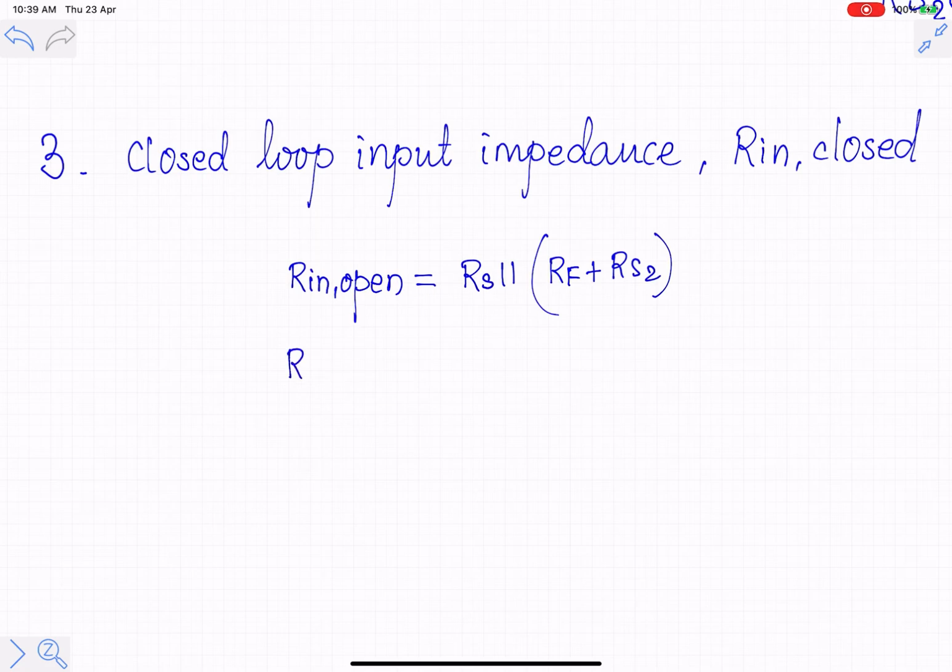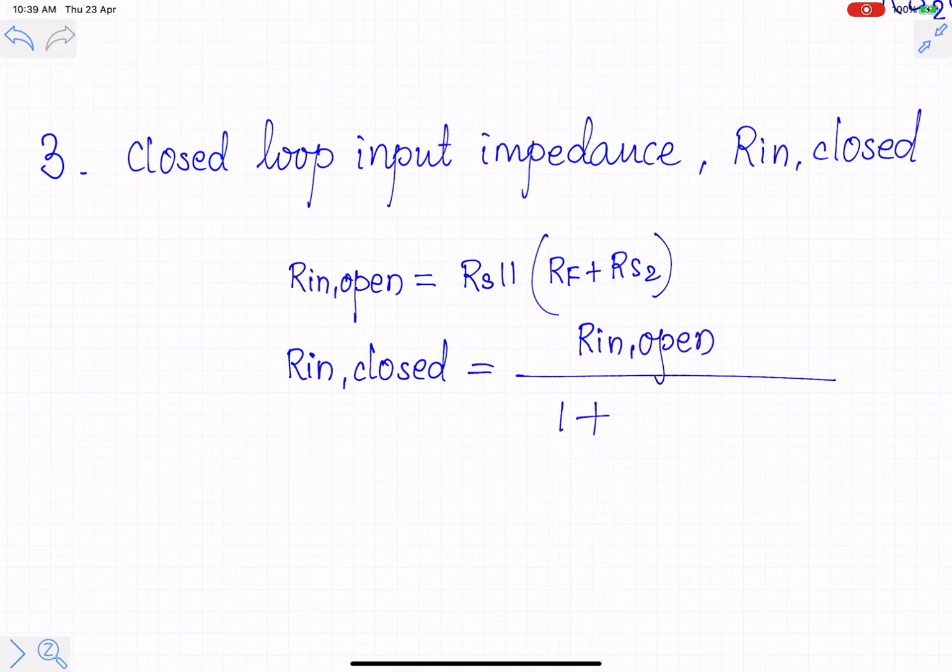So Rin closed, as I said, there is a parallel connection on the input side, so it will be Rin open divided by 1 plus beta into AI open. So the expression, you know it, you have to just substitute it.